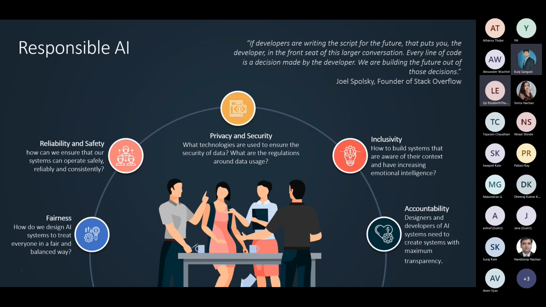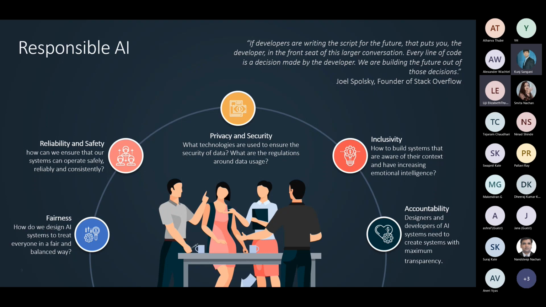Before we wrap up, I do want to make a note on responsible AI as well. Each of these AI services that we talked about has been built responsibly. Microsoft has the responsible AI pillars of fairness, reliability and safety, privacy and security, inclusivity, and accountability. There are transparency notes for each of these services. What that means is when you use these services, you would know what to expect and you would be able to understand how the AI services will behave.